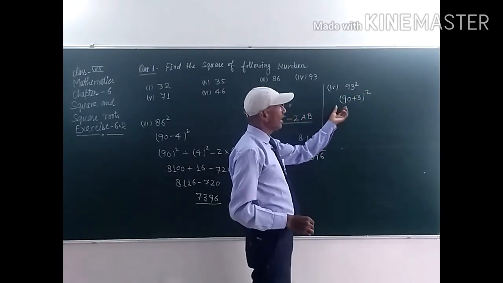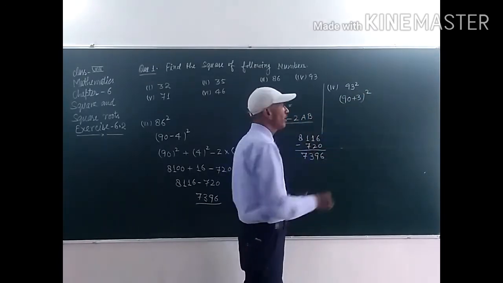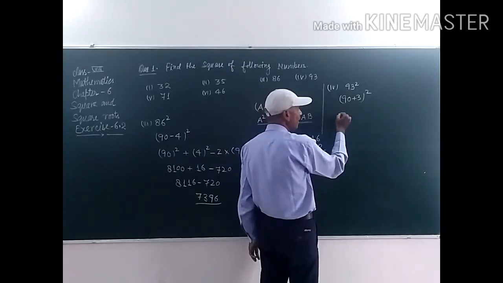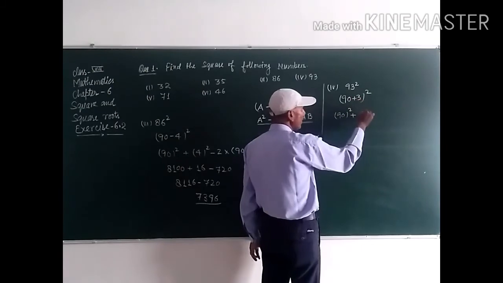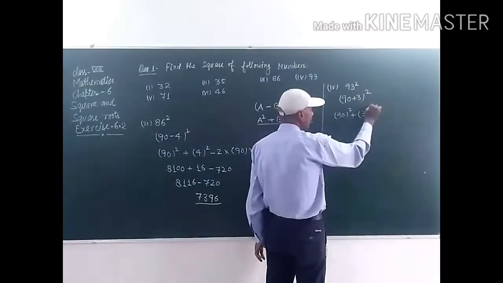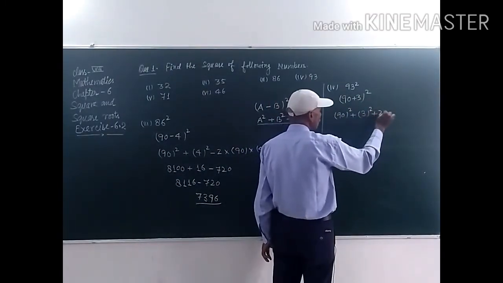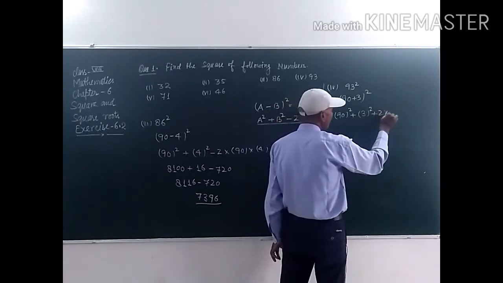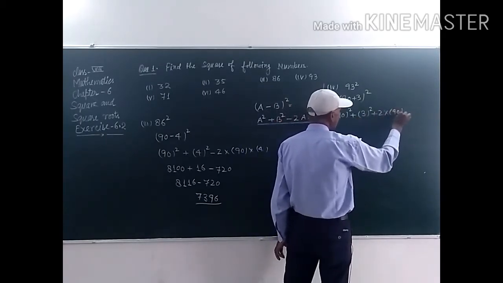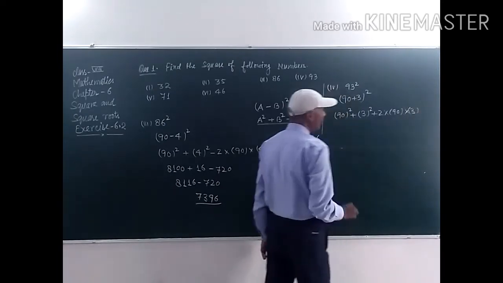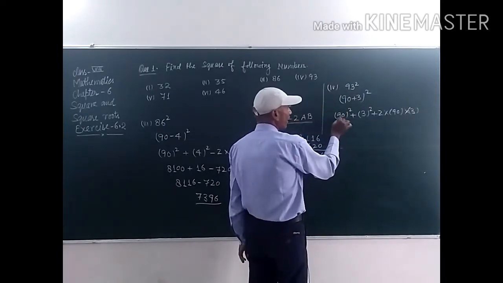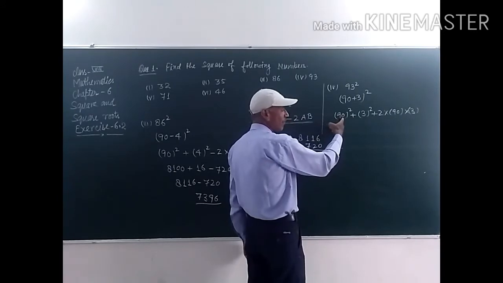It is (a plus b) whole square. So a square means 90 square plus b square, 3 square, plus 2 into a, means 90, into b, it means 3.